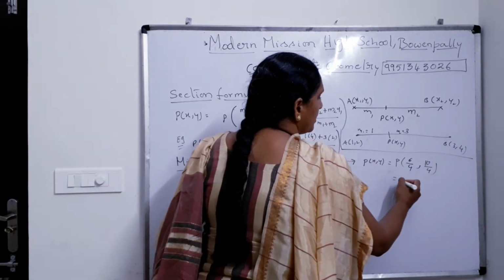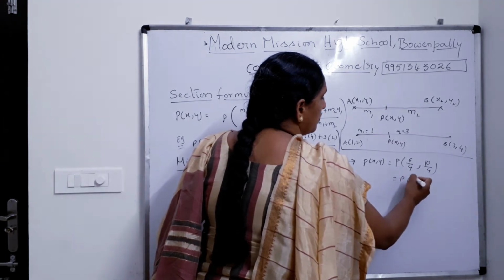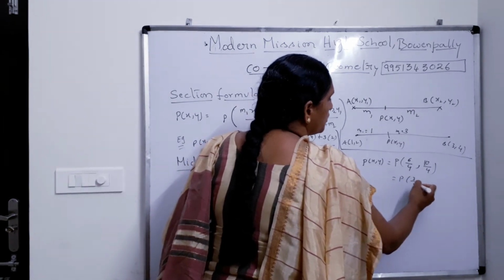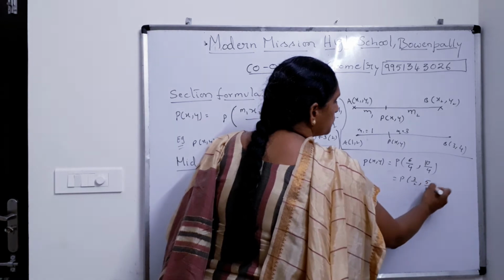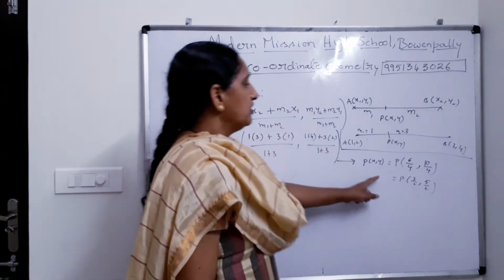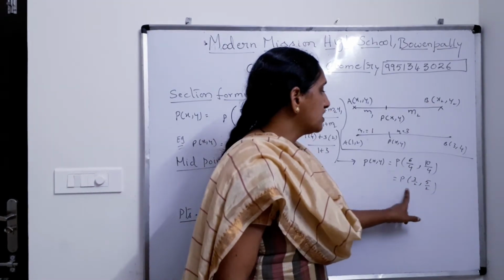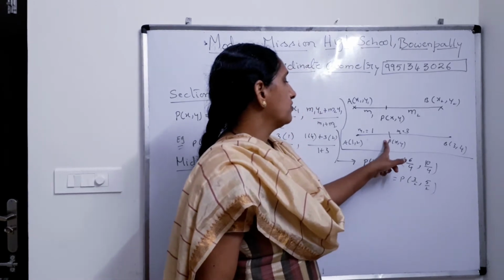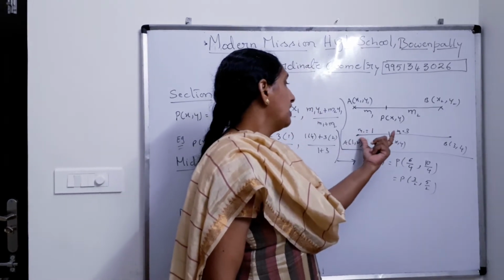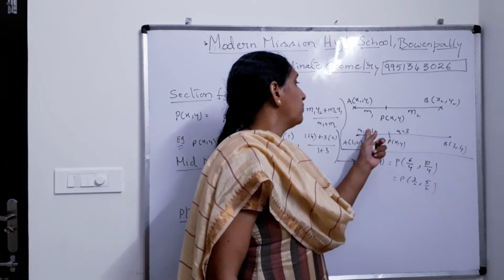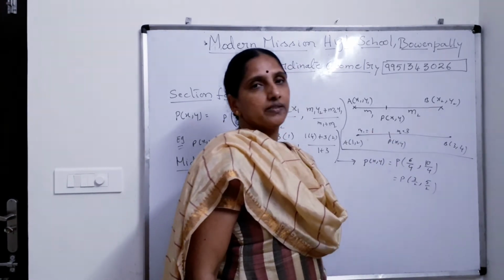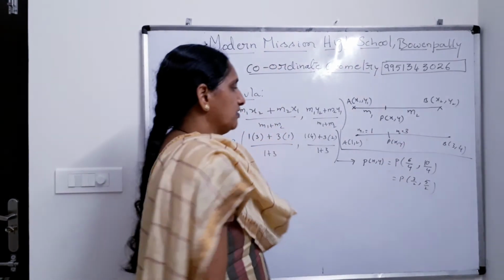Or you can write directly P of 3 by 2 and 5 by 2. Now the coordinates of this particular point which divides the line joining A and B in 1:3 ratio are these. Okay, so that is how you have to find.